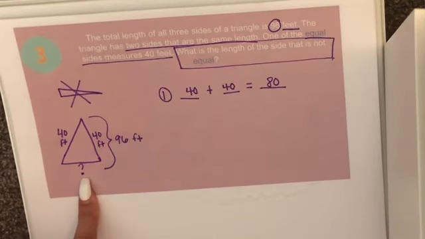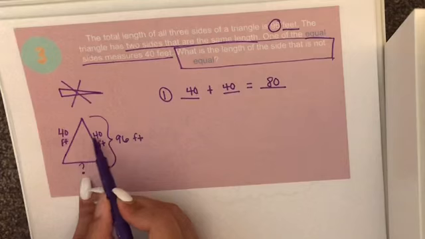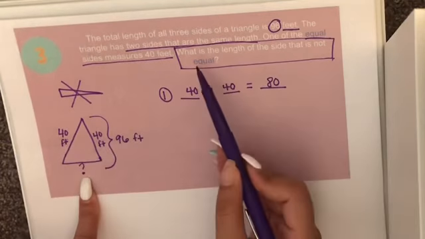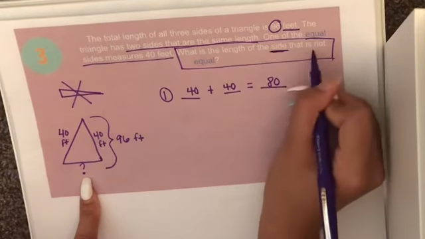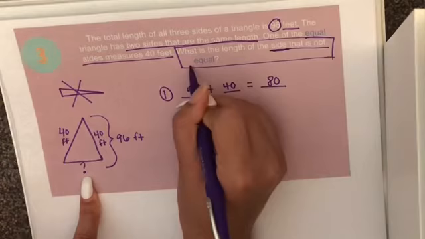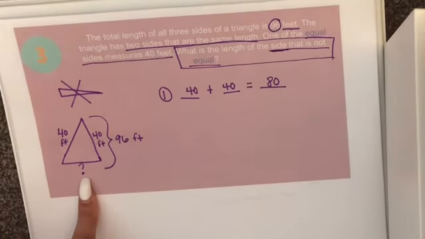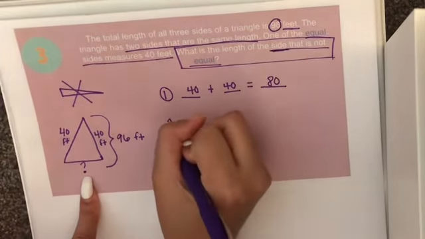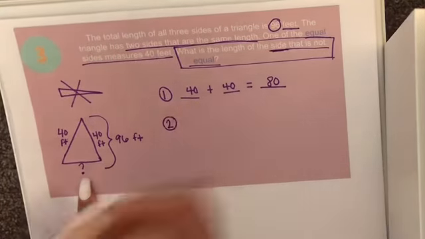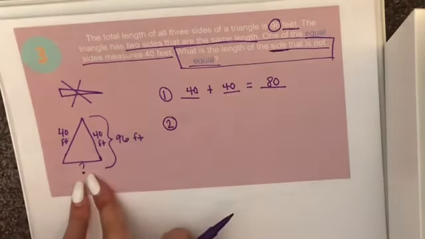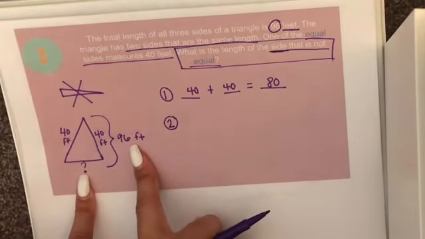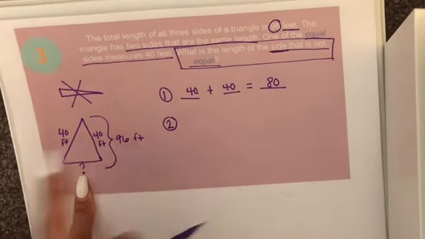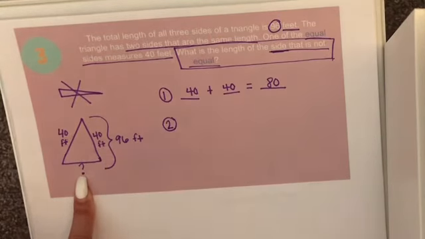Okay. I figured out what these two are together, but I still haven't figured out the length of the side that is not equal. So that means I need another number sentence. I'm trying to figure out how much this is to get it to 96. Let me see.